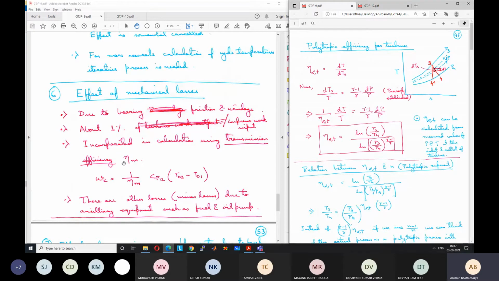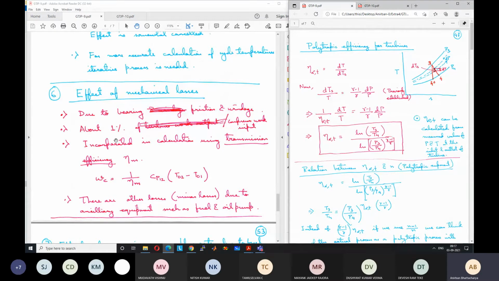If the compressor work input in the ideal cycle is Cp into T02 minus T01, for a real cycle this compressor work input will be Cp into (T02 minus T01) into 1 by transmission efficiency. So if transmission efficiency is 99%, you will need the ideal cycle value divided by 0.99. So around 1% increase of work will be required. This is the amount of work that needs to be obtained from the turbine to run the compressor.